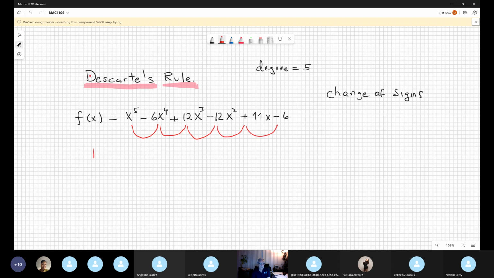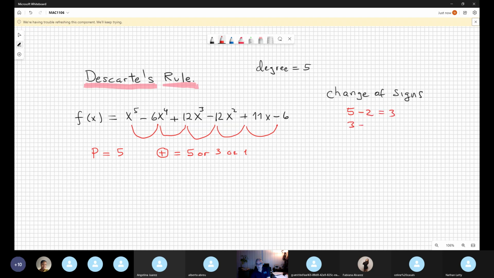I want to call it P. What is P? P is the number of changes of sign. P is 5. So when this situation happens, I can infer that the number of positive zeros is equal to 5 or 3 or 1. Where do 3 and 1 come from? Subtracting always 2. You take 5 minus 2 is 3.